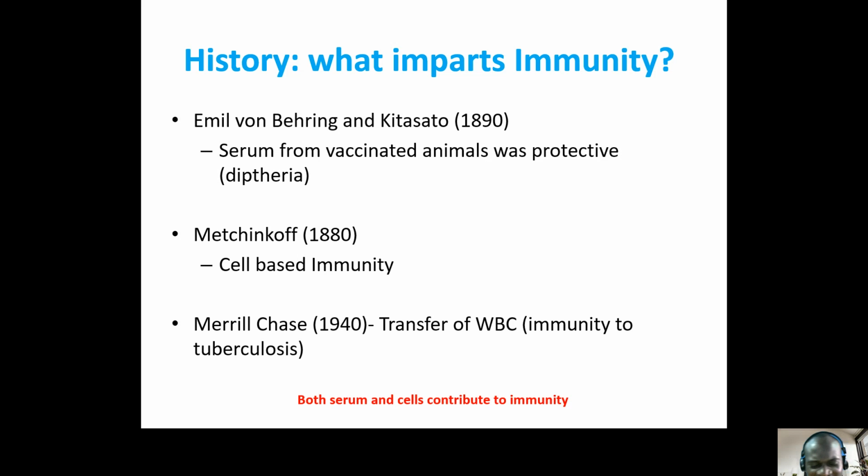Then two months later, he inoculated smallpox into this young boy, and the boy did not contract smallpox. That is how the field of immunology was brought about, with such concepts.